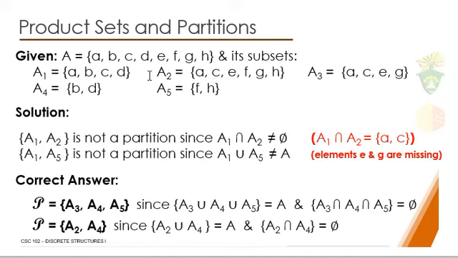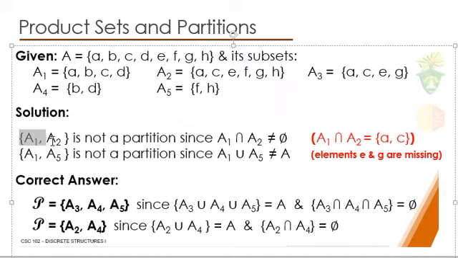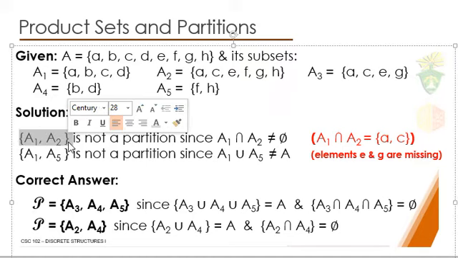So given the set A and its subsets, we will try to solve. Pangitaon na nato kung asa ani nga mga subsets from A sub 1 to A sub 5 ang makonsider nga partition set. Okay, so let's try A sub 1 and A sub 2, the set containing the subsets A sub 1 and A sub 2.